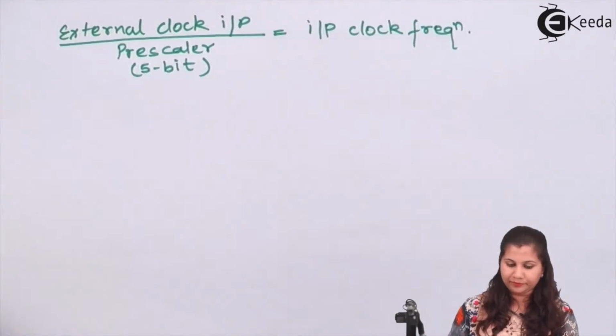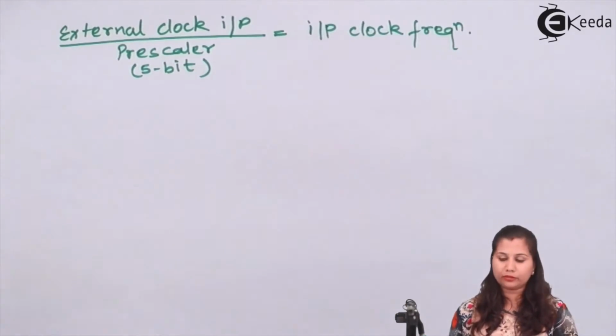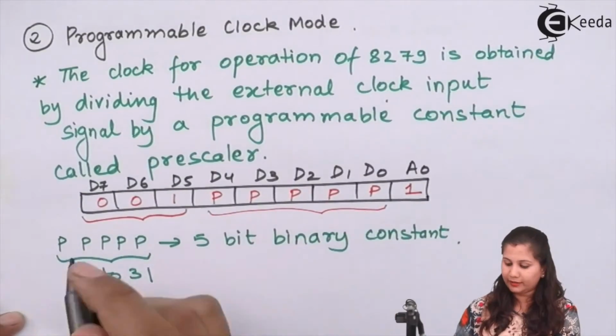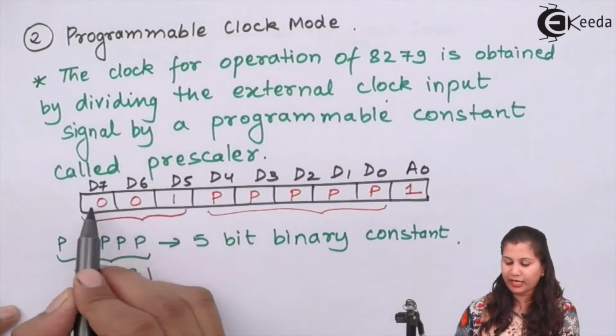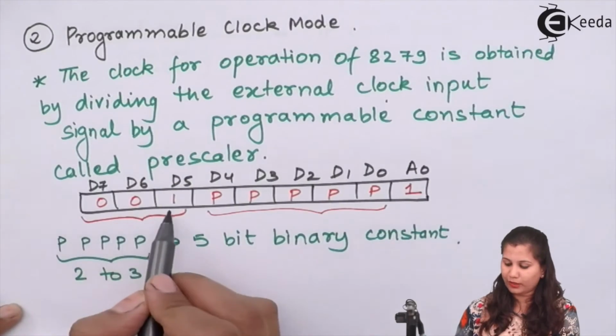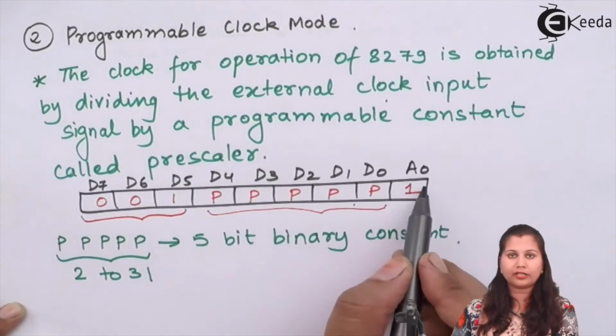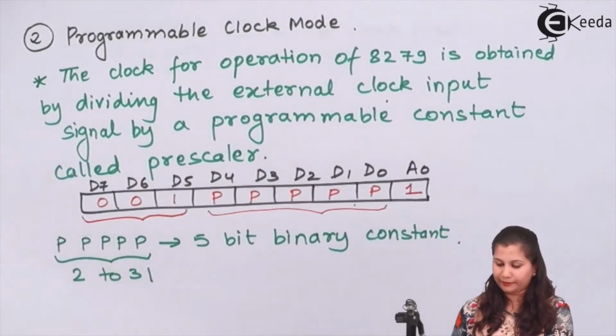So this was the programmable clock mode, and this was its command word. Here D7, D6, D5 are at constant logic 001. These 5 bits are the binary constant, and A0 has to be always 1.